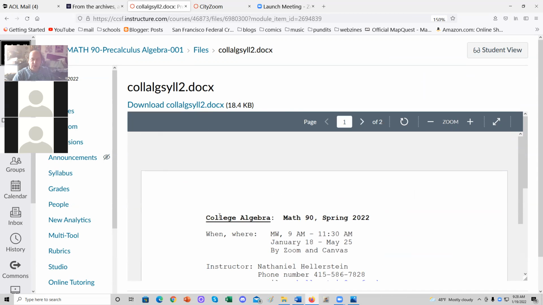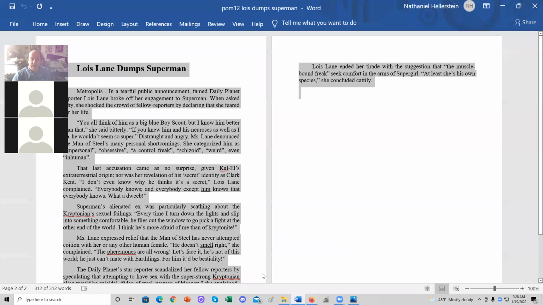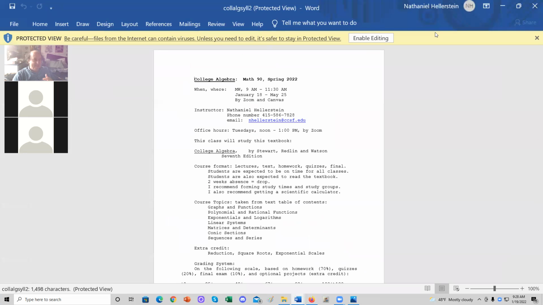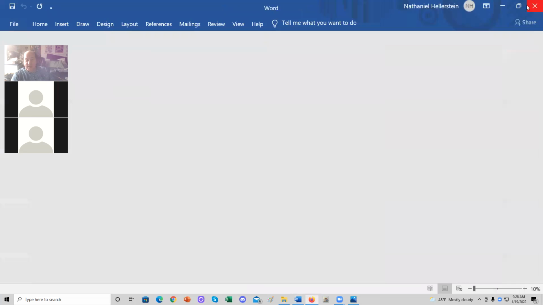If you wish to print this out, you can click on this, download college2.docs, click on it, and it should give you, okay, how do we open with Word? And if you do that, oops, I'm sorry. Here's this, you can print this out. Apologies.